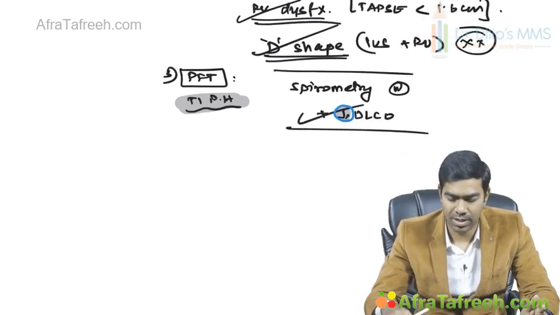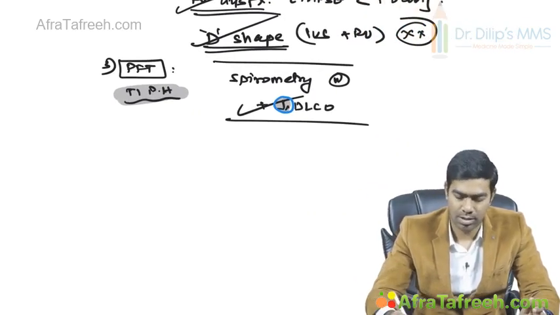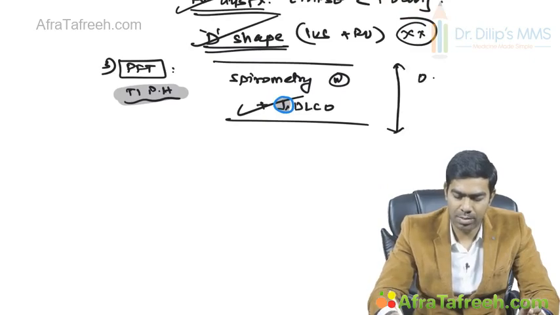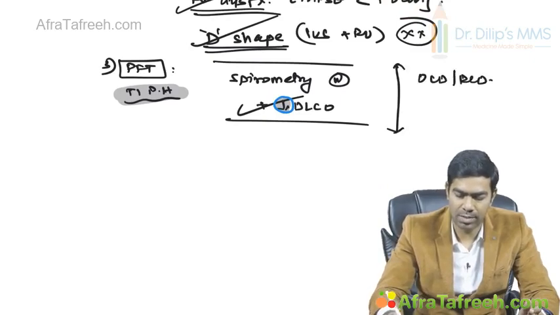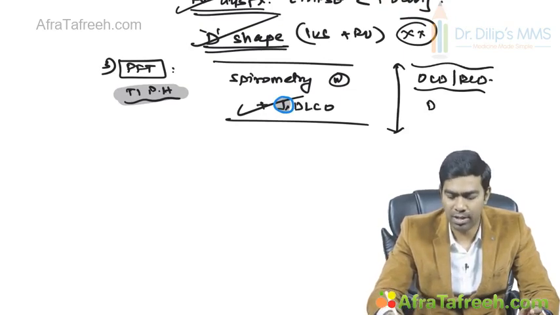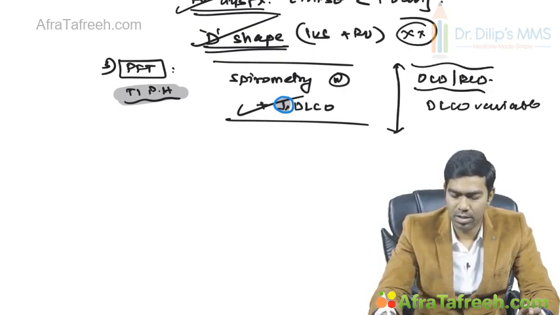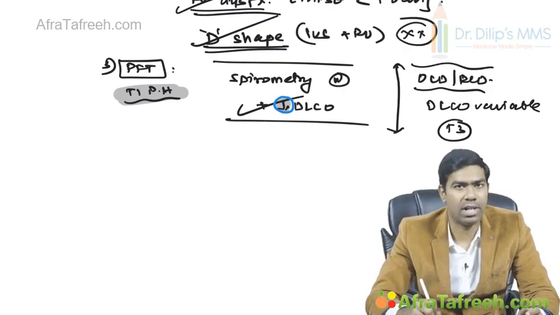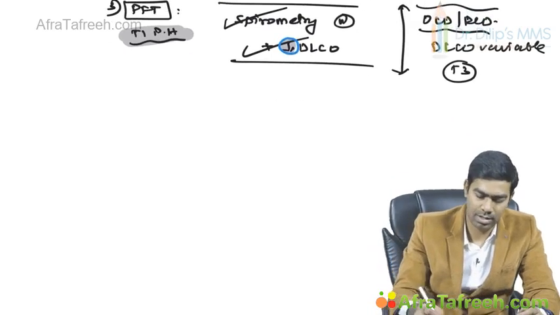Clear? But this is a very, very important point. Again, you can see an obstructive or restrictive lung disease pattern, especially if you're dealing with a type 3 pulmonary hypertension. And DLCO is highly variable, again depending on what lung disease you're dealing with. So only in type 1 pulmonary hypertension will you get a classic finding like this.